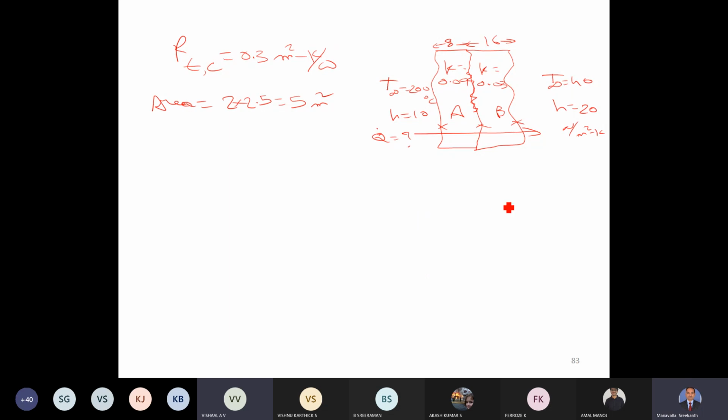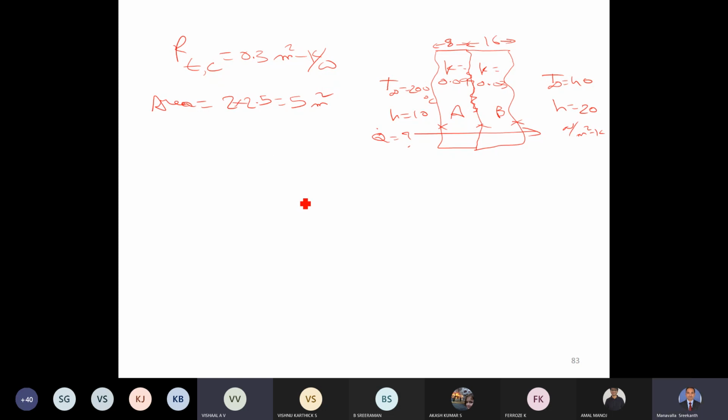Okay, so now first let us look at the contact resistance. Let us resolve this part which is new for this problem so that we can reduce the actual problem to a known type of problem. So we are given the contact resistance as 0.3 meter square Kelvin per watt.